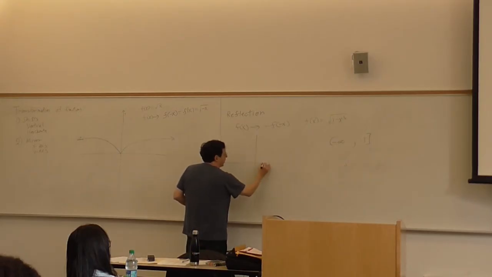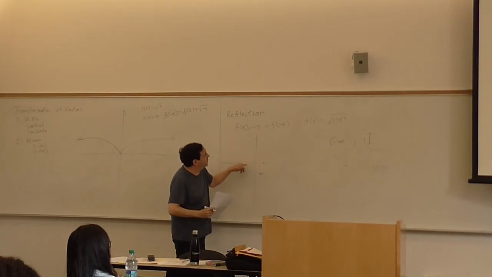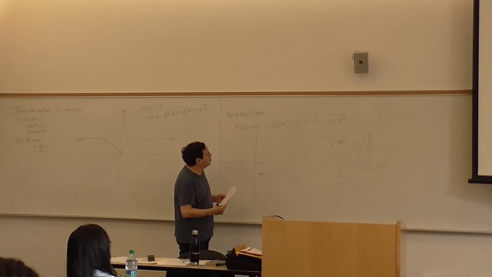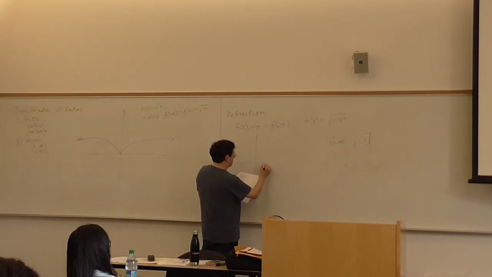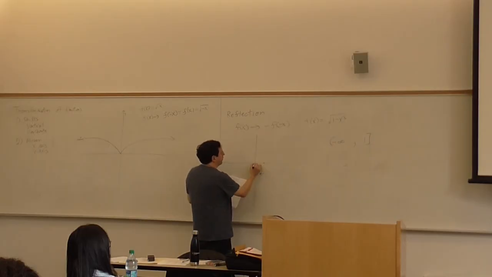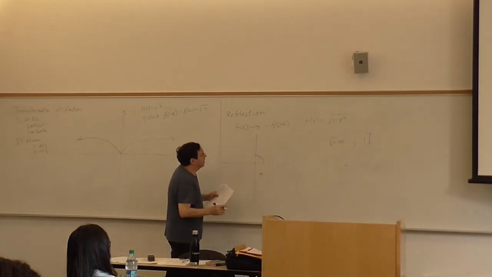So we know the graph is going to be over on this side. From 1 to 0, what happens? Well, at 1, this is 0. At 0, it's 1. And in between, it kind of goes like this.